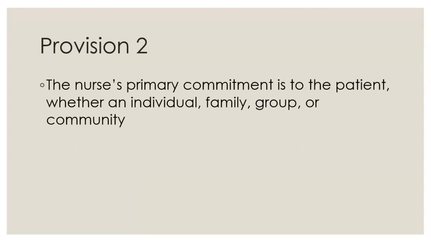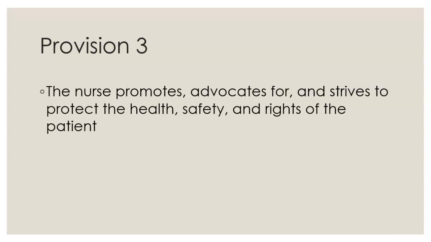Provision 2. The nurse's primary commitment is to the patient, whether an individual, family, group, or community. Provision 3. The nurse promotes, advocates for, and strives to protect the health, safety, and rights of the patient.